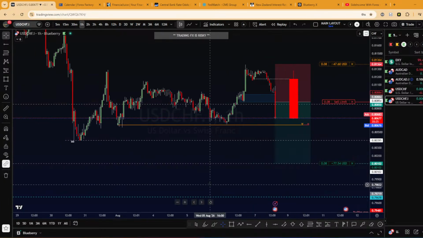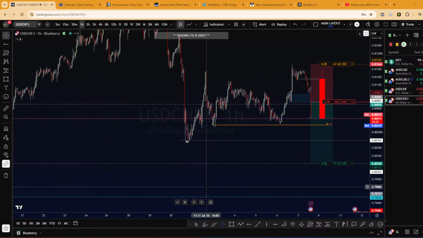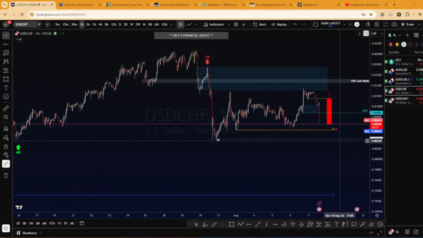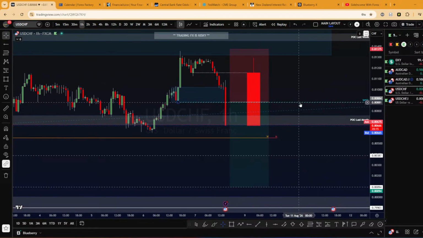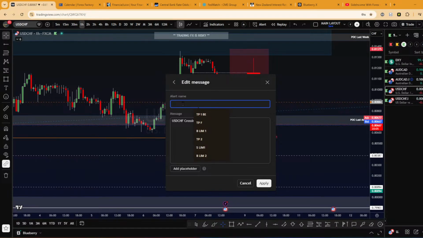I already put a sell limit right there. So let's see if we retrace. Let me get rid of that and put some alerts here instead. This will be a sell limit, sell limit, sell limit.